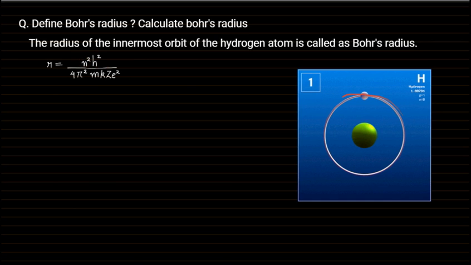Since we are considering the first orbit, the value of n will be 1. This h is known as your Planck's constant, and its value is 6.626 times 10 to the power minus 34 joule second. You don't have to remember this constant value. It will always be mentioned in the question. If it's not mentioned, you can always ask your teachers what the value of this constant is.